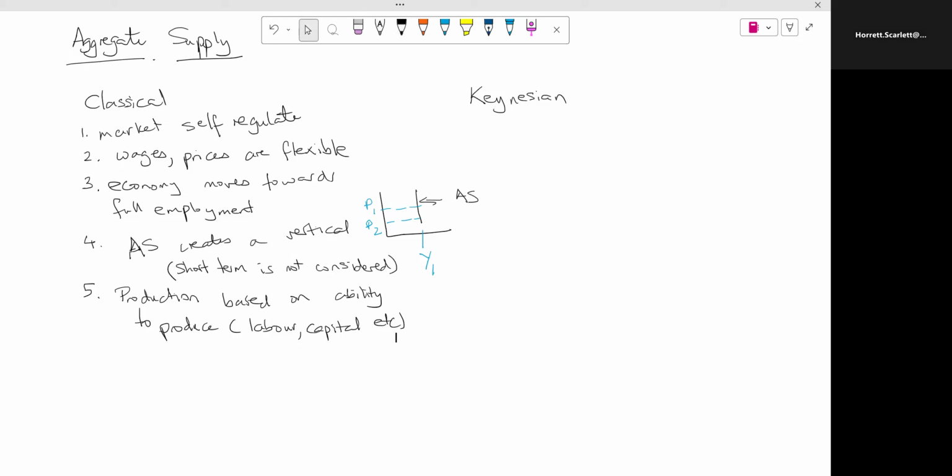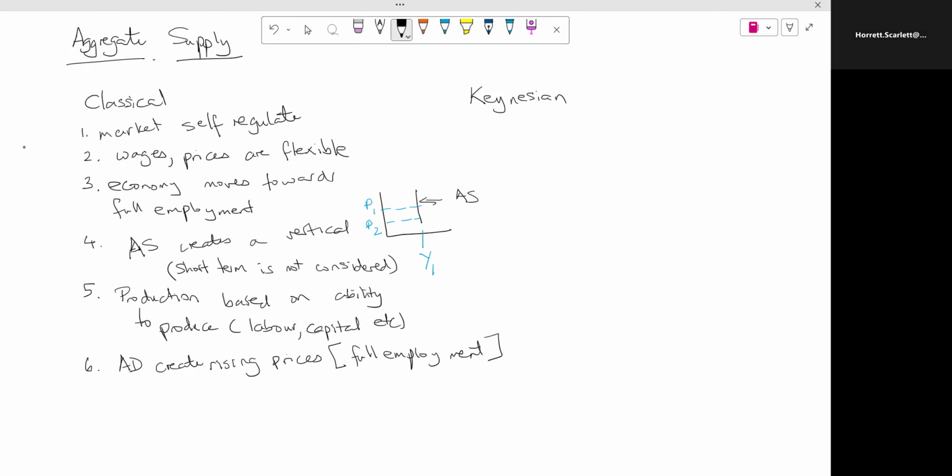The other thing is that it is believed that aggregate demand is going to create rising prices. And the reason why this happens is because the assumption is that we're operating at full employment.